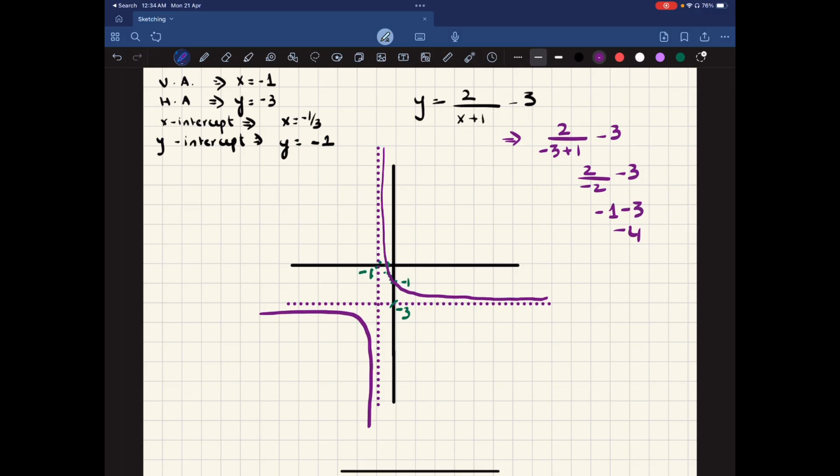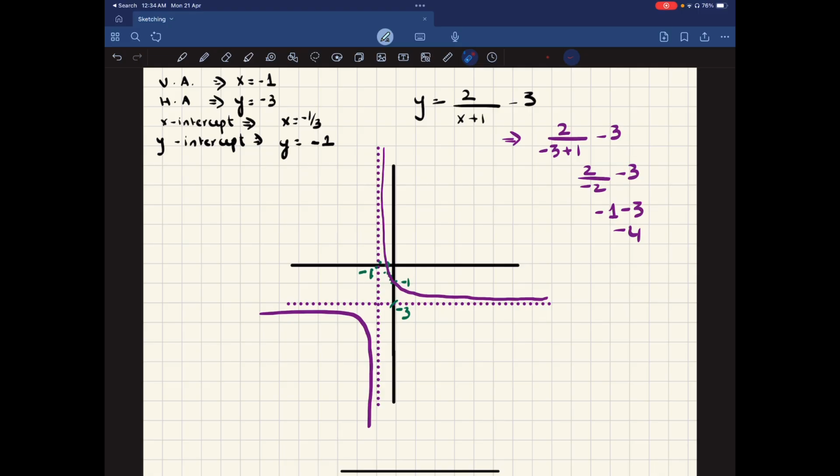Okay, so let's see. If x equals negative 3, somewhere here, we expect the function to be negative 4. So it is slightly below negative 3. So similarly, if you're confused about anything, just place in a couple of random values to check if your graph makes sense. Okay.